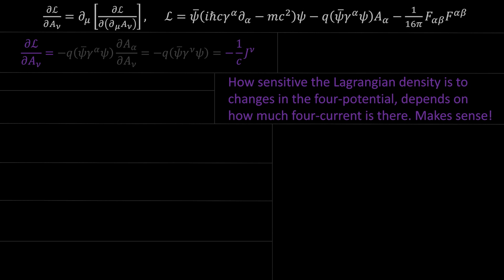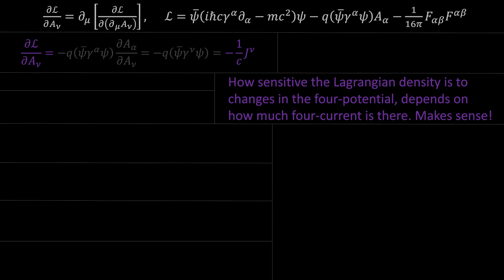Because think about it, how sensitive is the Lagrangian going to be on changes in the 4-vector field A? Well, just consider the nu equals 0 term, that is the time term of A. The sensitivity of the Lagrangian on the voltage is going to be proportional to the charge density, right?